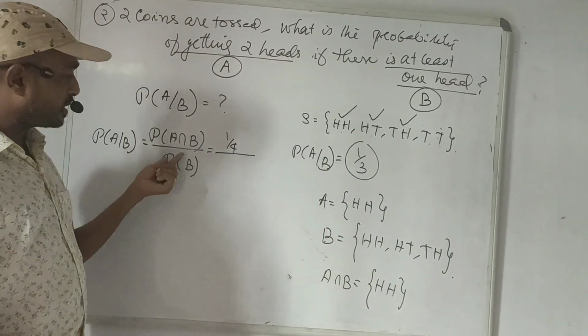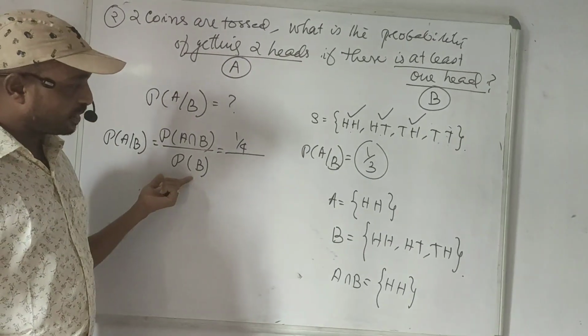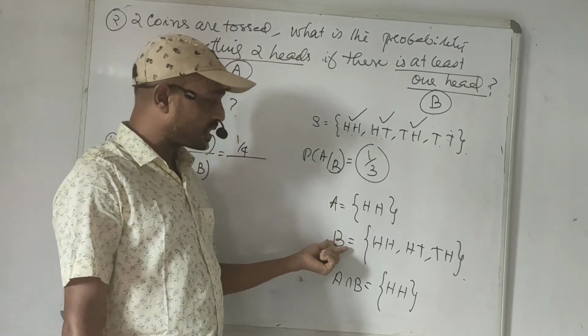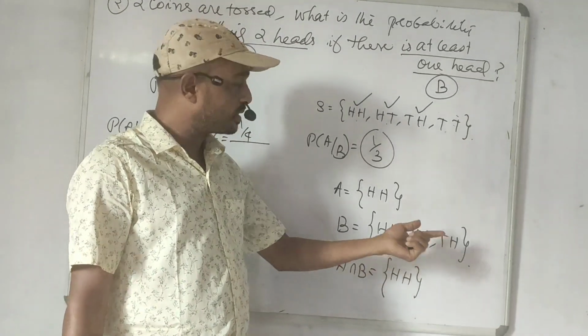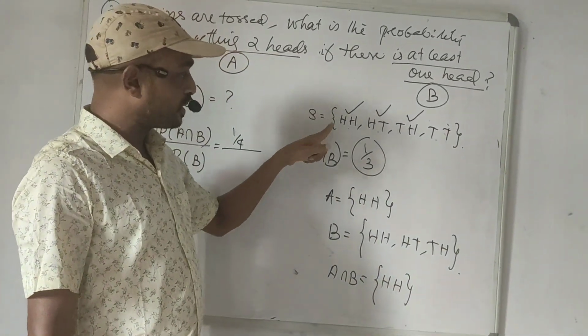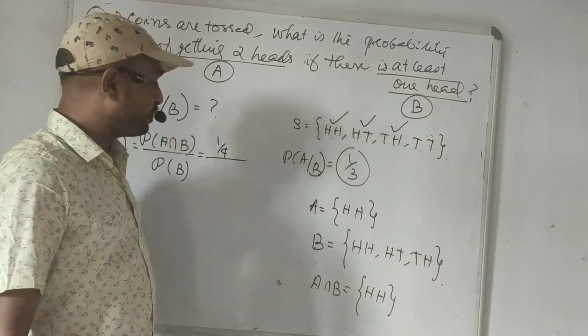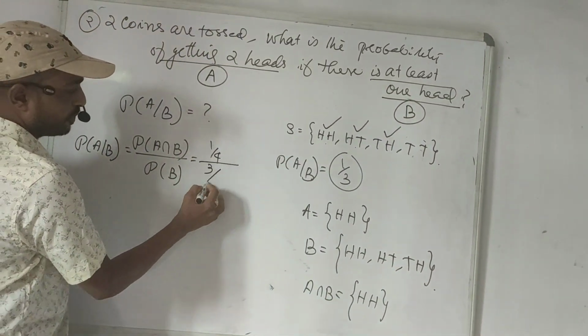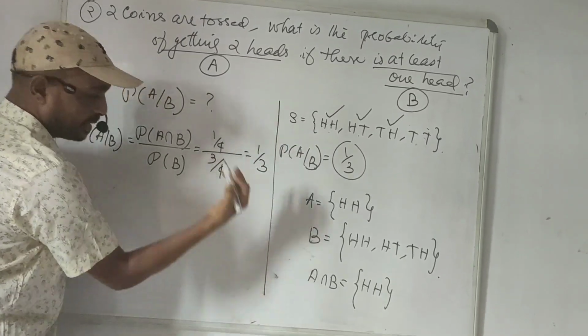P of B is the number of cases favorable to B divided by the total number of cases. The number of favorable cases is 1, 2, 3, and the total number of cases is 4. So this is 3 by 4. Cancelling 4, you will get 1 by 3.